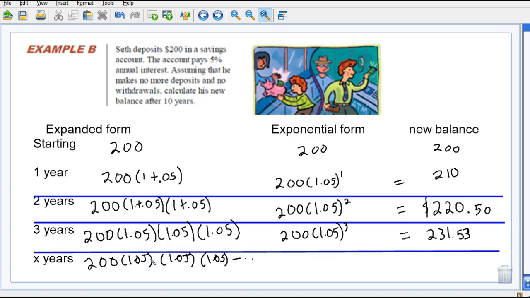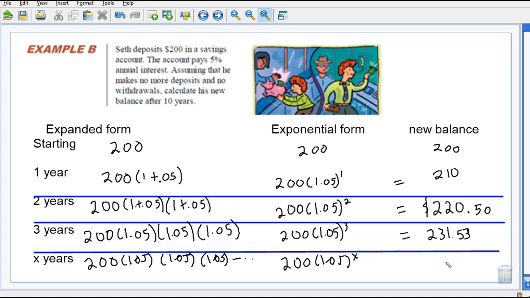We don't know how many x is, so I can't just keep putting them in, but you have enough to understand the pattern. So if I want to write the same thing, it'd be 200 times 1.05 to the x. I don't know what that new balance is going to be because I don't have a number for x, so it depends on the number of years.